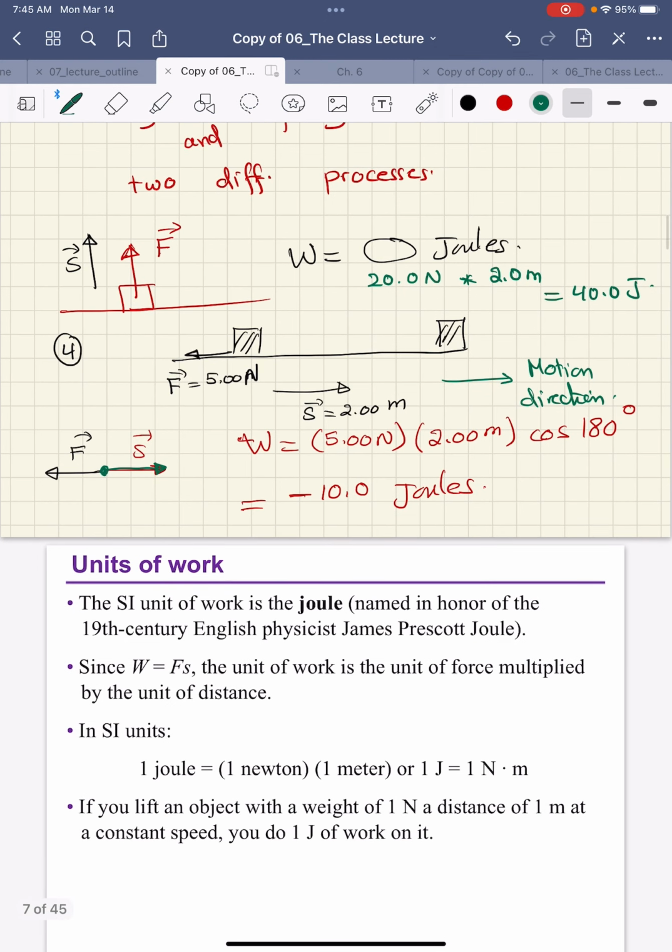The SI unit of work, of course, is the joule, named in honor of the 19th century English physicist James Joule.